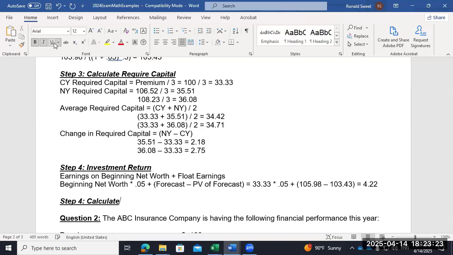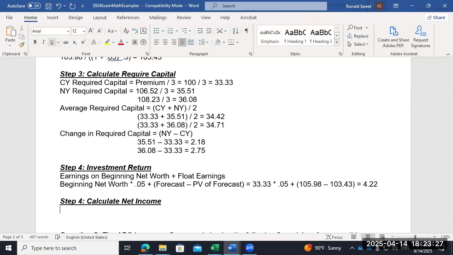Calculate net income. Net income is just your premium minus your forecast plus your investment earnings. That one's pretty easy. You'll have two numbers though, right?